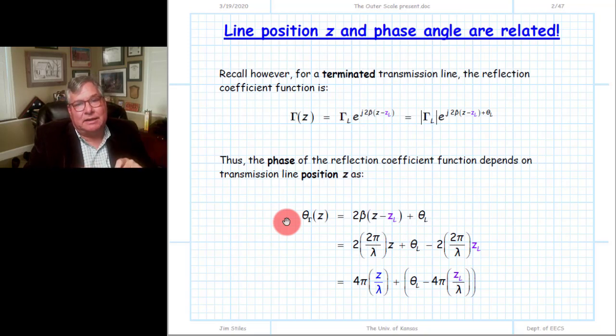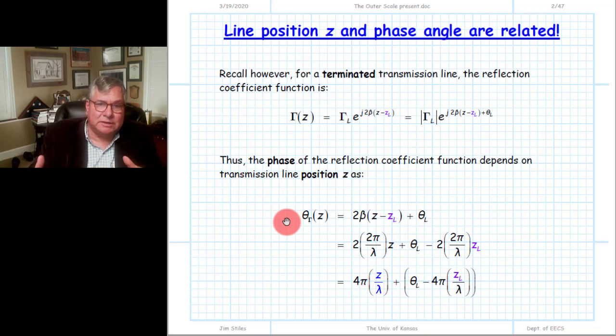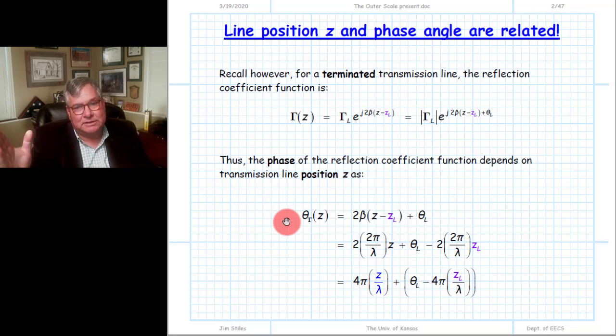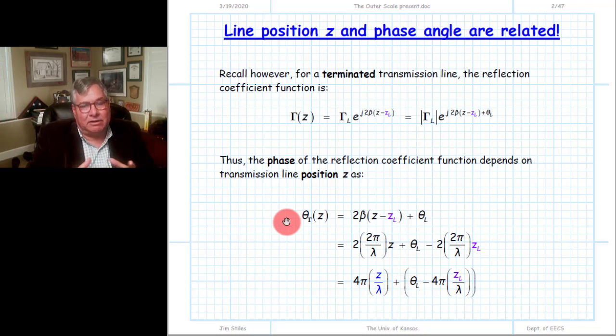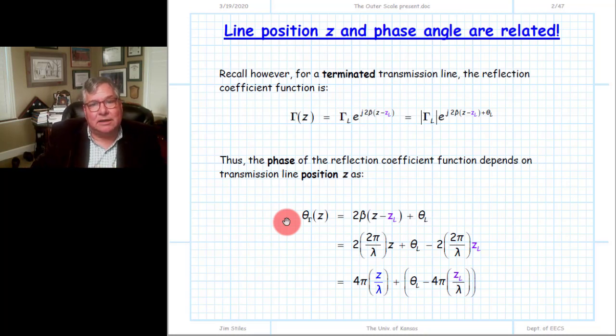It shows that the phase of the reflection coefficient is proportional to this location z. More specifically, it depends on the distance between the location on the transmission line and this purple ZL, which you recall is the numeric value at which the end of the line is located, where the load is attached to the very end of the transmission line.